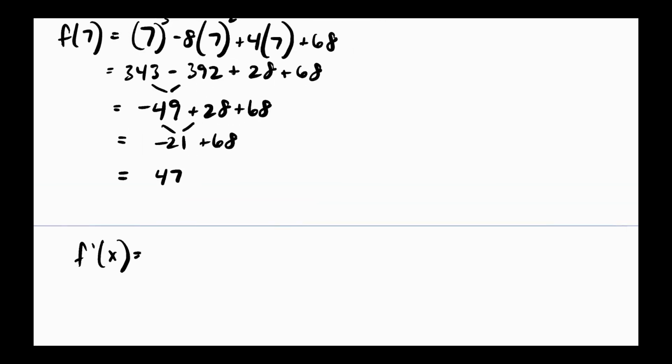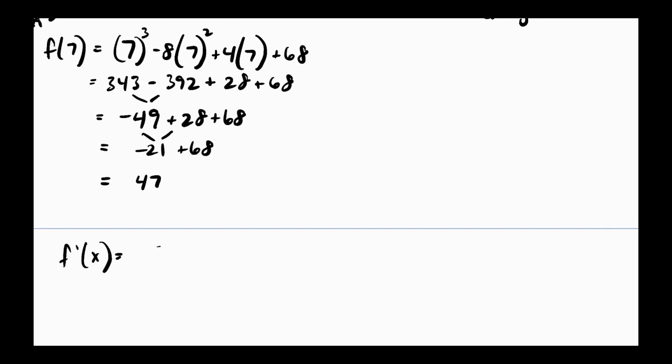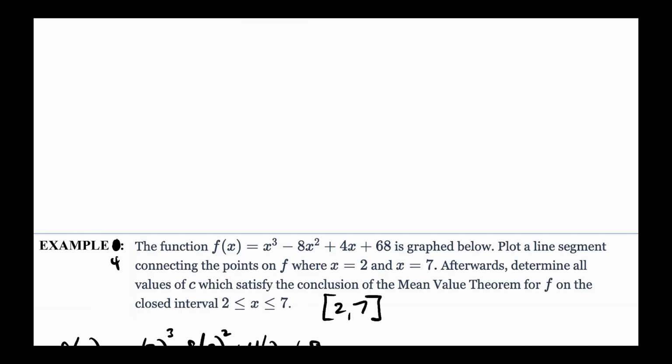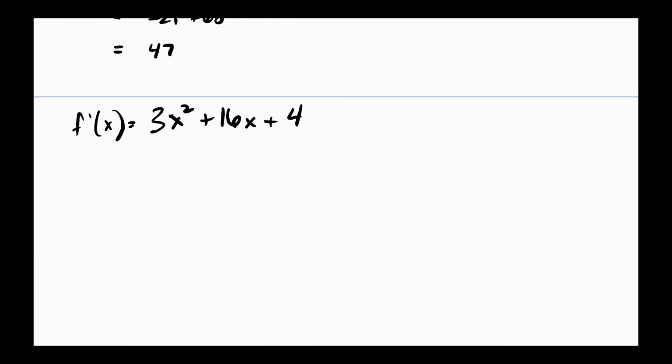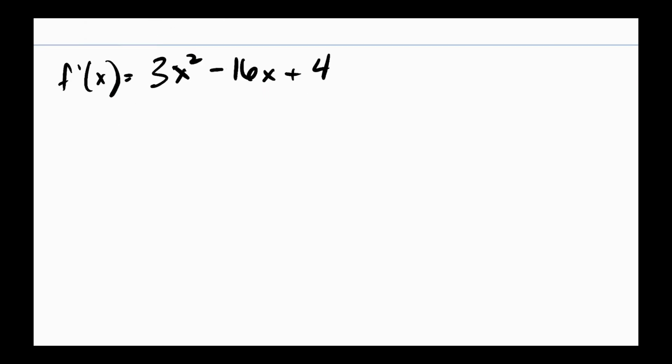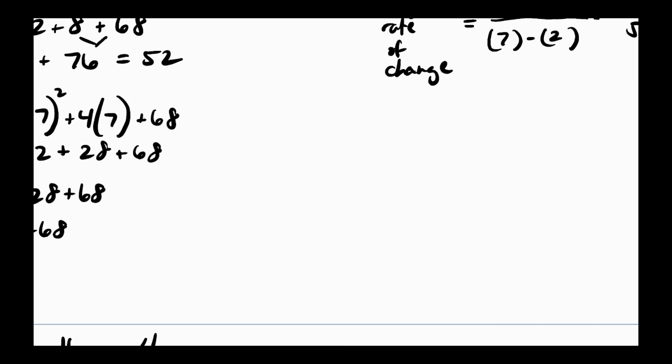All right. So now I need to find the derivative. The derivative is going to be 3x squared plus 16x plus 4 minus 16x. Yes, minus 16x. I'm going to set that equal to the average rate of change, which was negative 1.